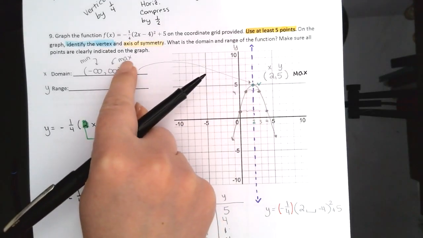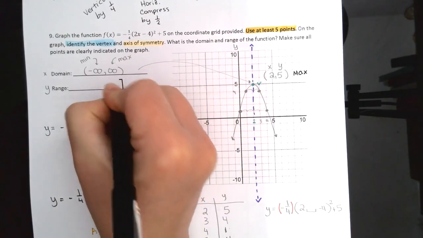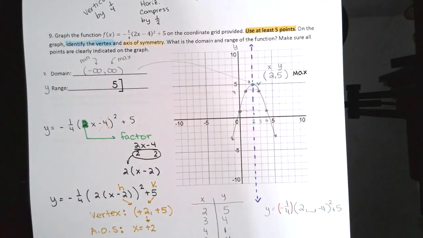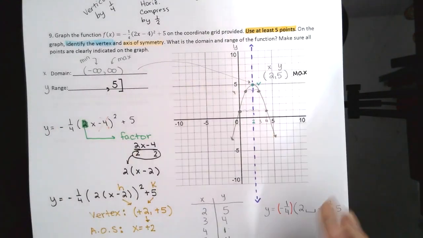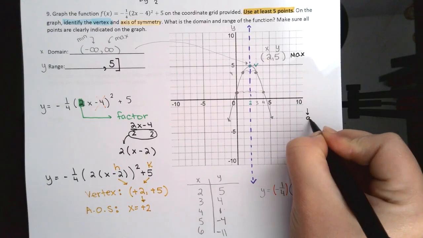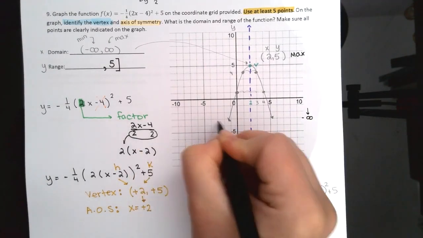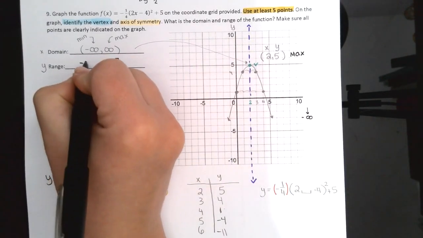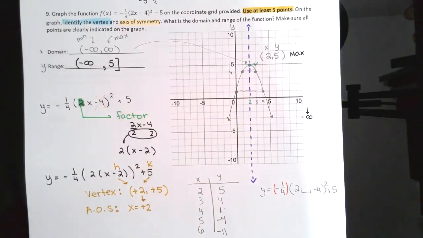So your max is going to be your y value on the vertex, because our vertex is a maximum. That means that when we take a look at our arrows, we're going to be going down to negative infinity on both sides. So from negative infinity, open parentheses, to 5 bracket, because 5 is included.